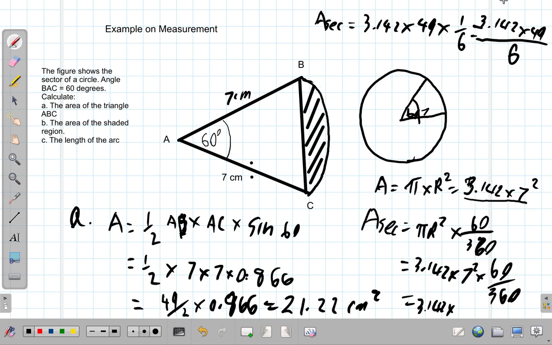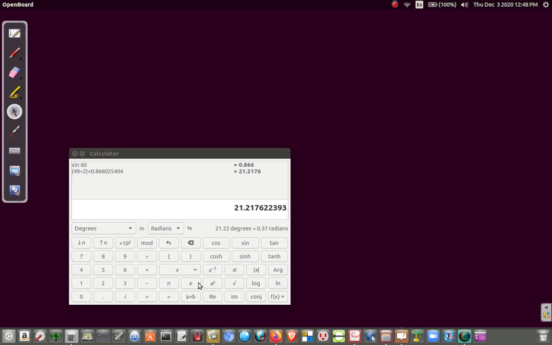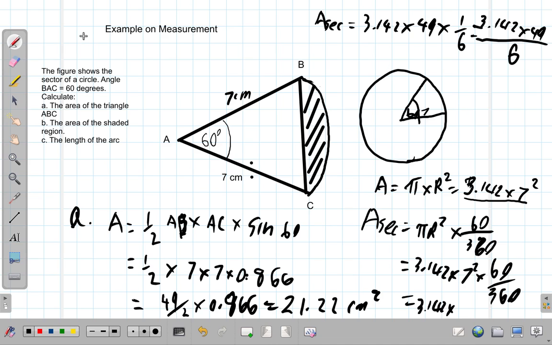Calculating 3.142 times 49 divided by 6, you have 25.66. So the area of the whole sector is 25.66 centimeters squared.